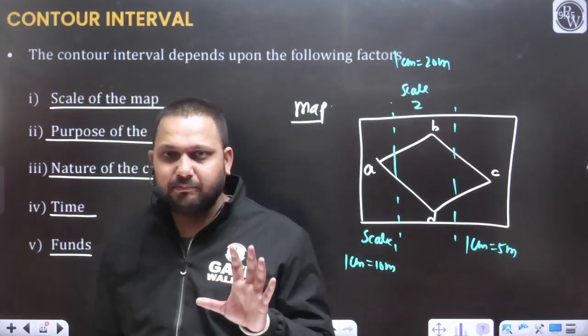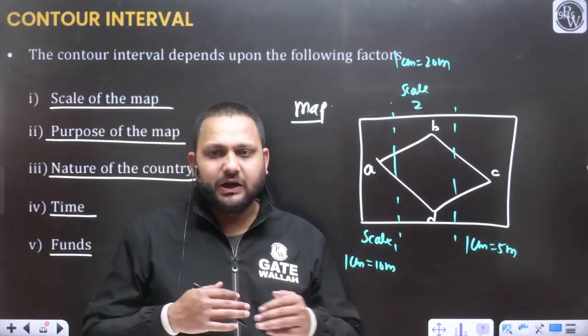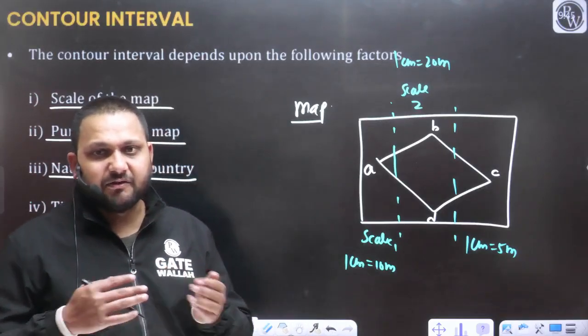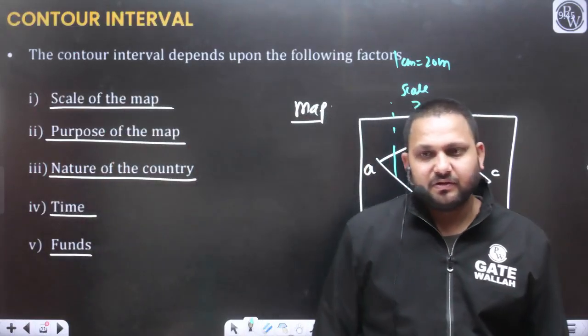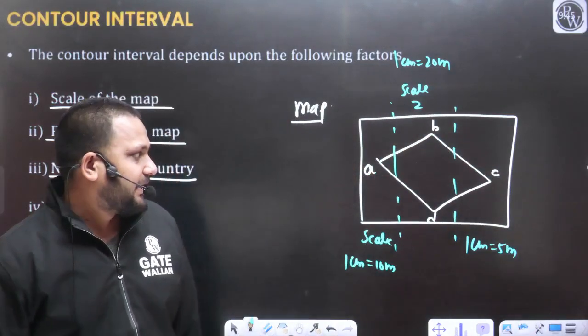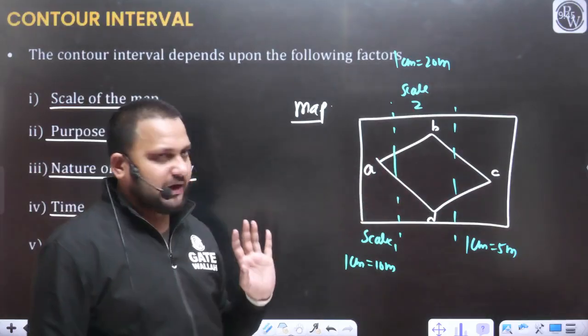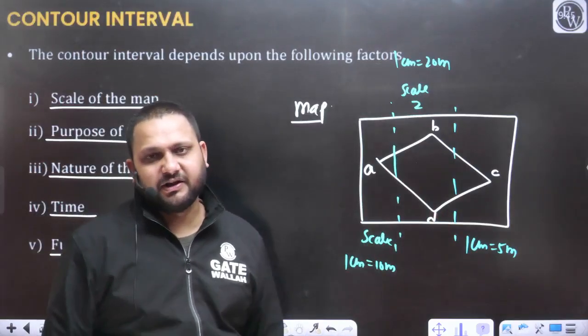For the entire map, we have considered a single scale, yes or no? Then only we can relate the features and the information. Now I cannot relate because all these regions have different scales.